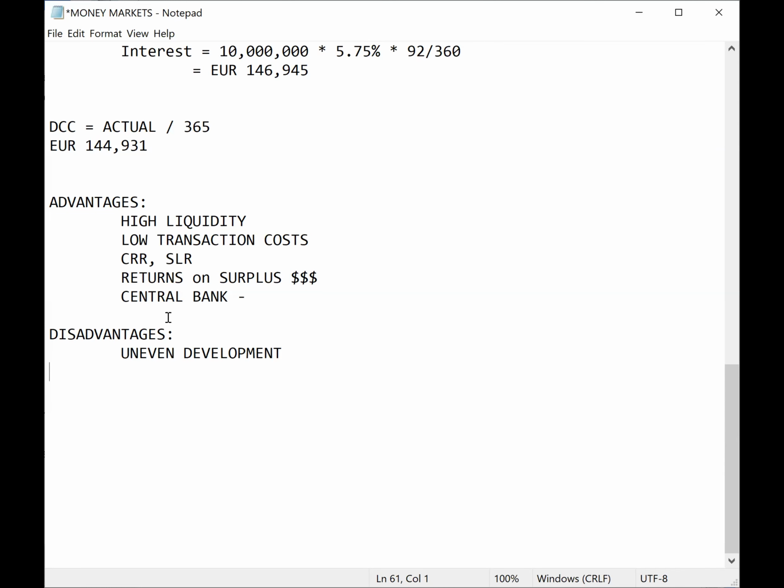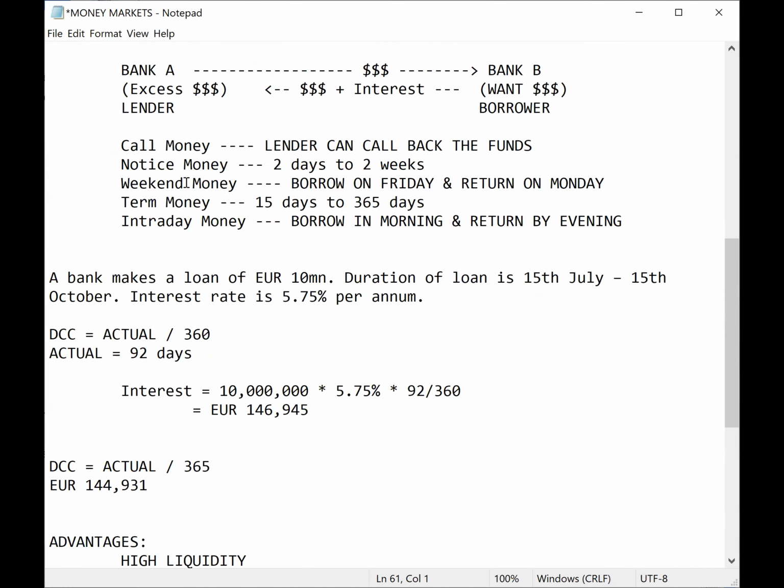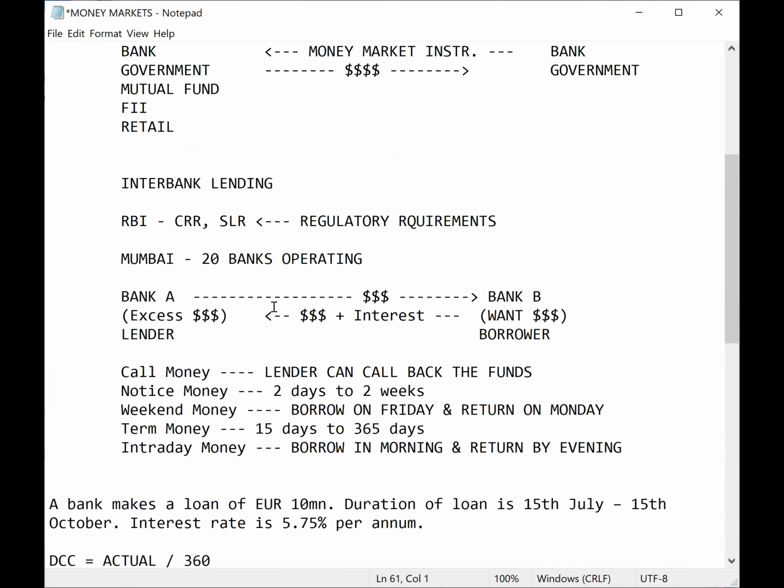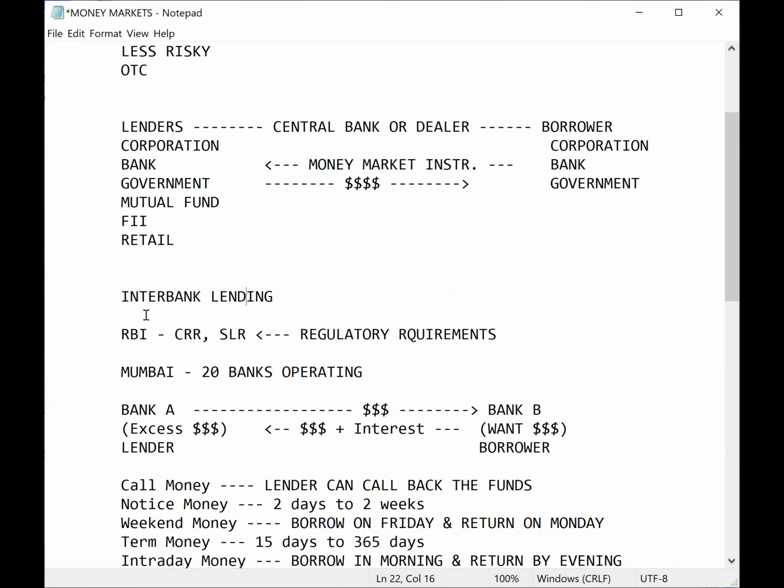For example, let's say you go to Kanpur. In that market, interbank lending will not be something which is happening. You go to a smaller market like Jaipur, in that the interbank lending might not be happening.